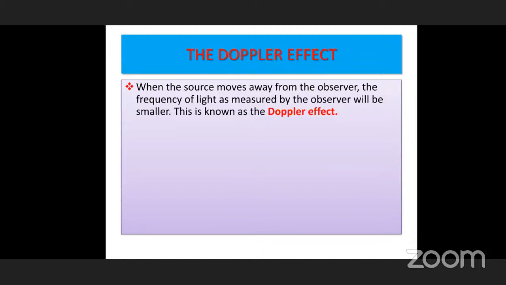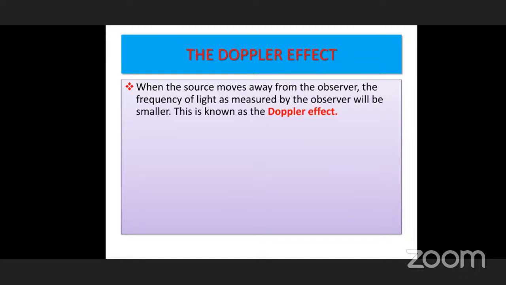So we can observe the change. Here, what is the Doppler effect? The change in frequency. When we observe a change in frequency, we can observe a color change between violet to red. Only if there is a color change from violet to red is there a Doppler effect.